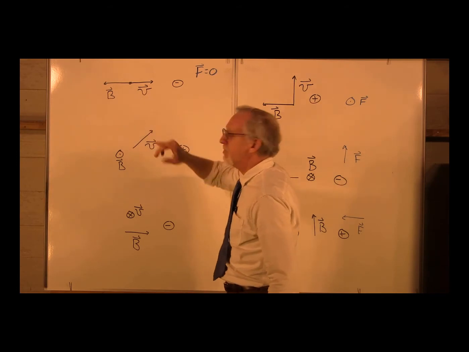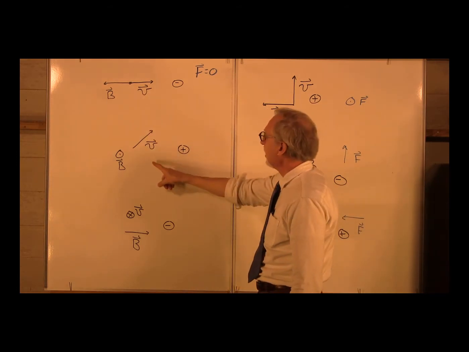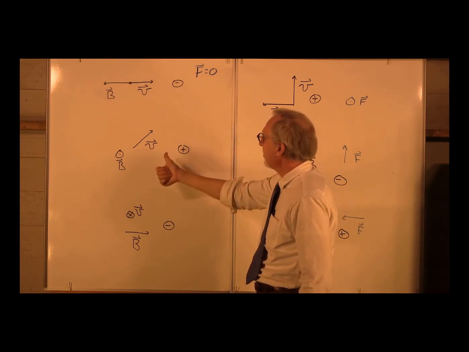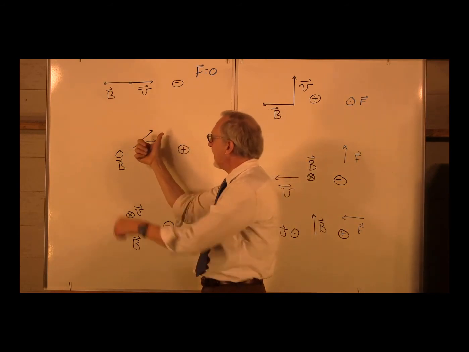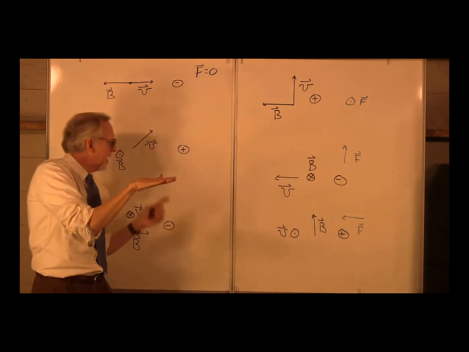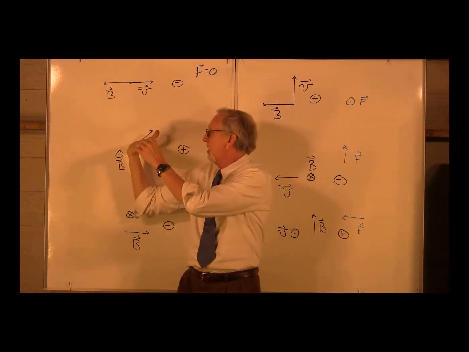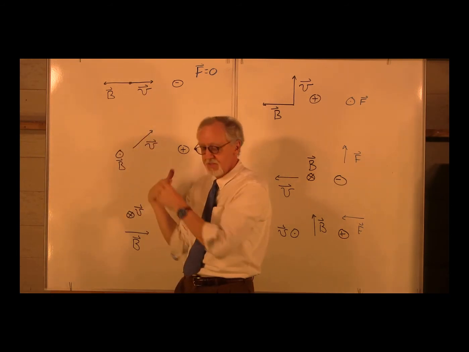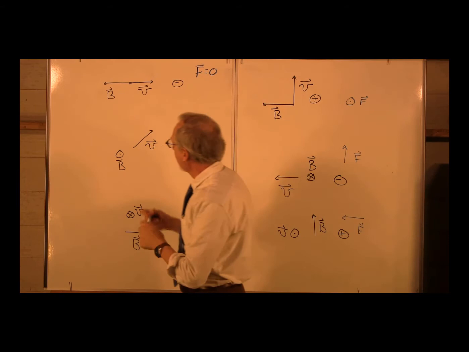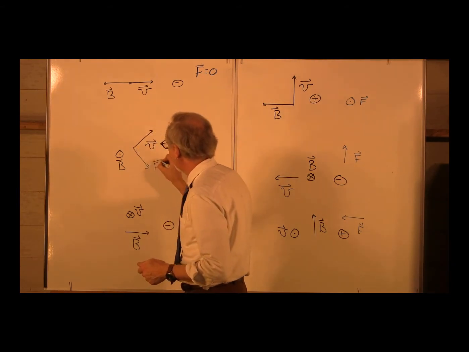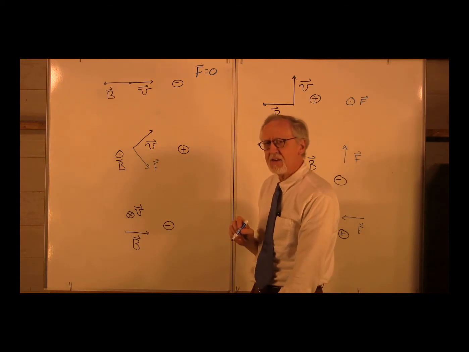So, what about this one? 0 force. Here, V is this way. B is, what's that? Out of the board. So now my palm is like this. And how is my palm pointing? It's pointing down this way. So the force would be in that direction. How would you figure out what that direction is?